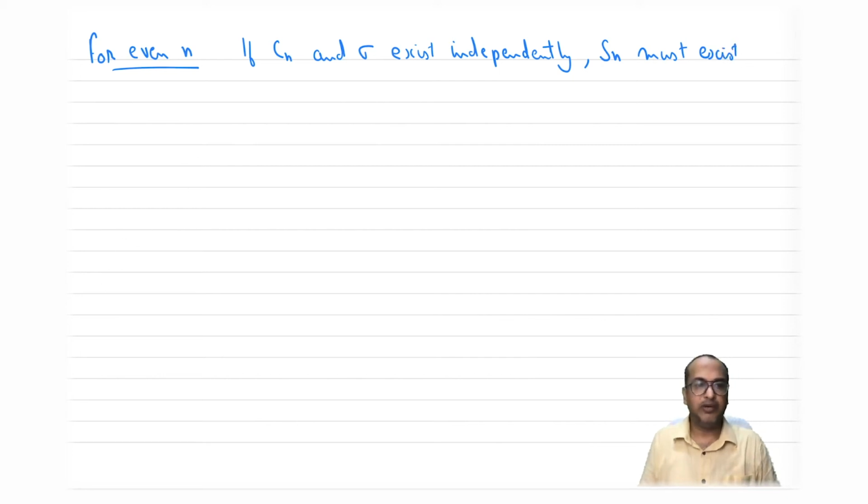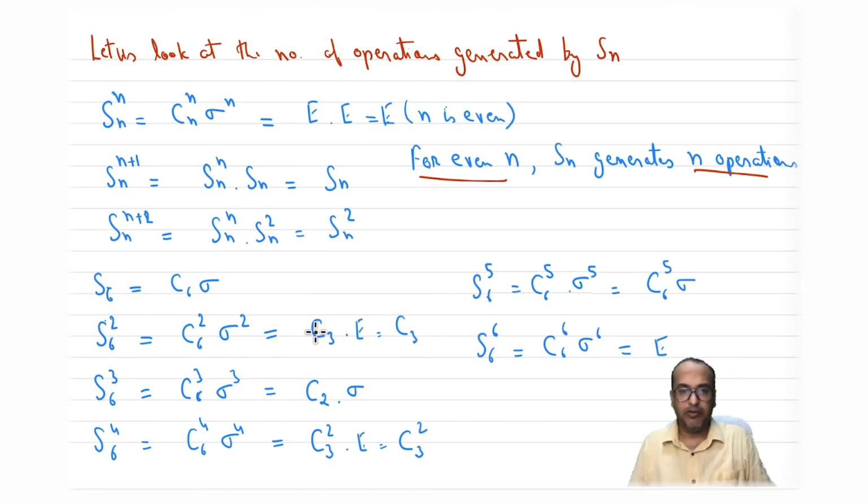This we have seen from the example over here. If you have C6 and sigma present independently, S6 will be present because it's a product of the two.